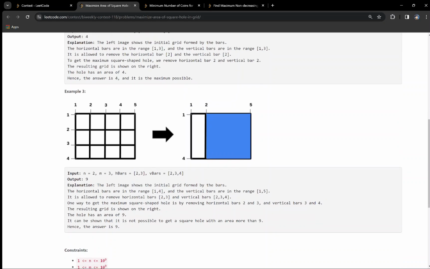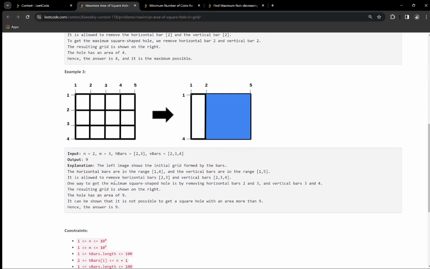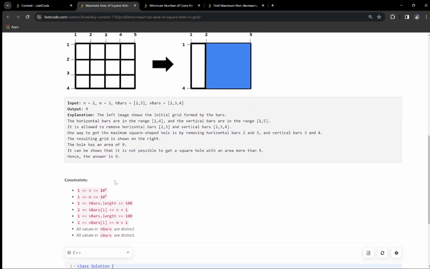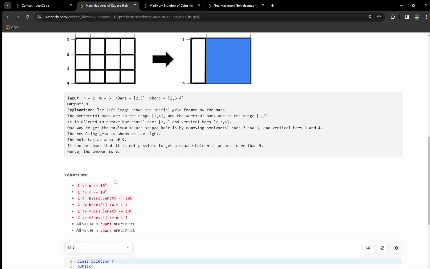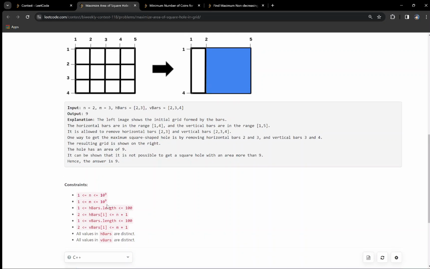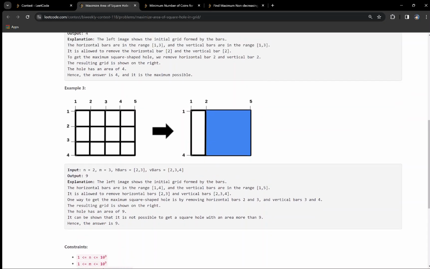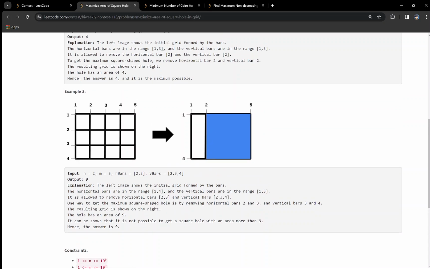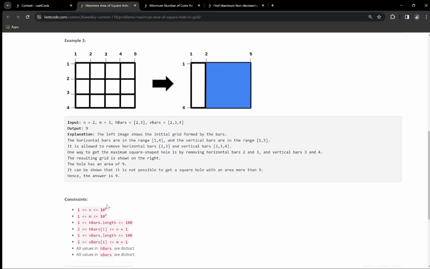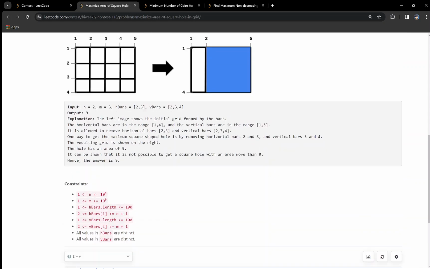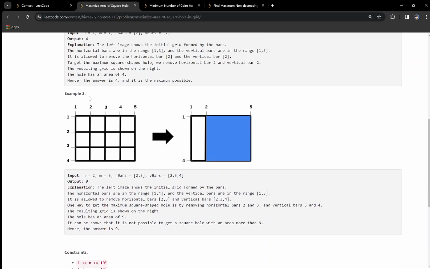I think we should remove all the bars because it will anyhow increase the maximum area. Horizontal bars and vertical bars contain distinct values, so we'll be removing all the values. And how can we find the area? For finding the area, initially there will be all these vertical bars.